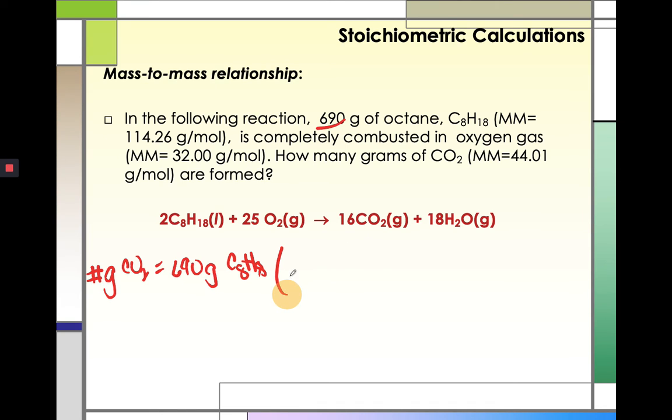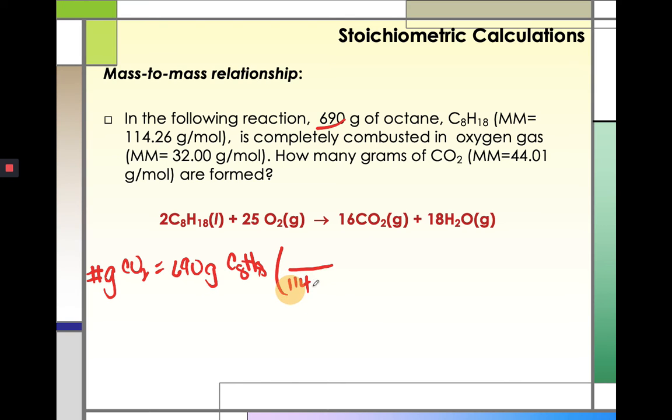And we can use the molar mass of octane. If I want to get rid of the unit of grams, I place grams at the bottom of the conversion factor, below the line.